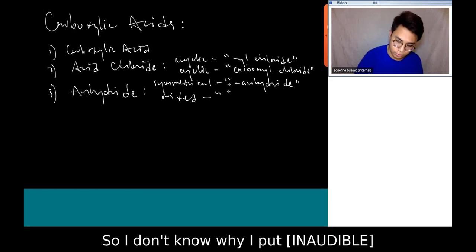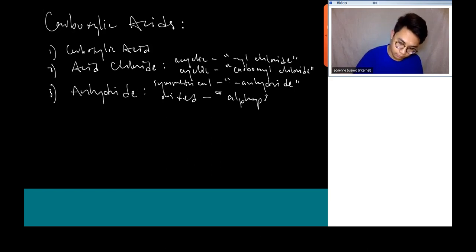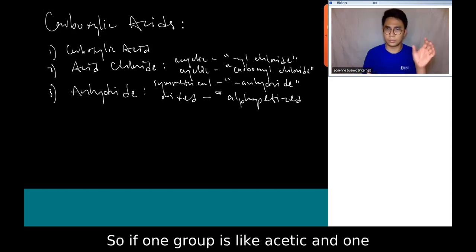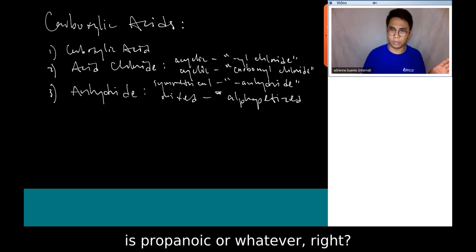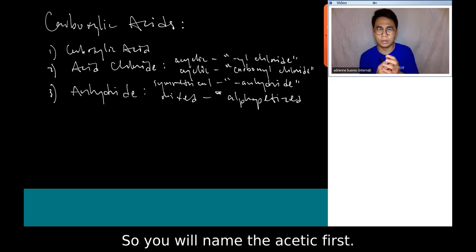So I don't know why I put quotation marks, but they're alphabetized. So if one group is acetic and one is propanoic or whatever, you'll name the acetic first.